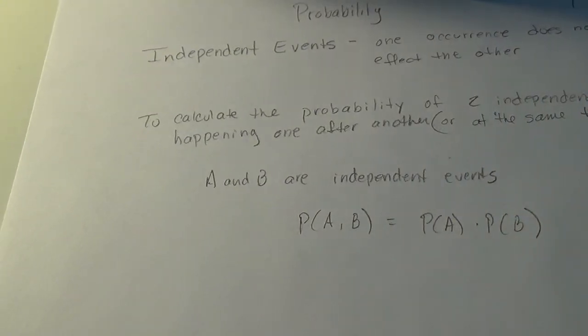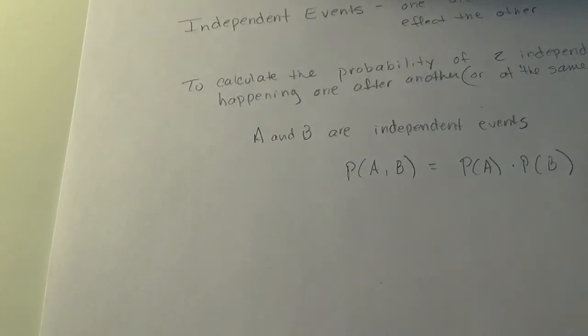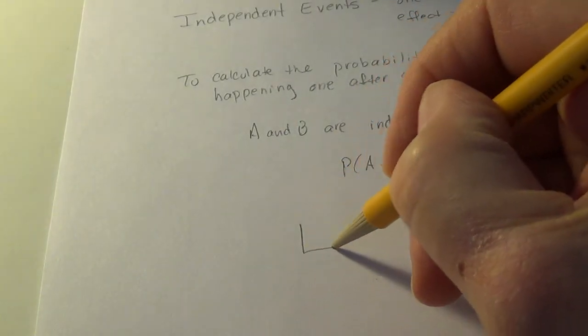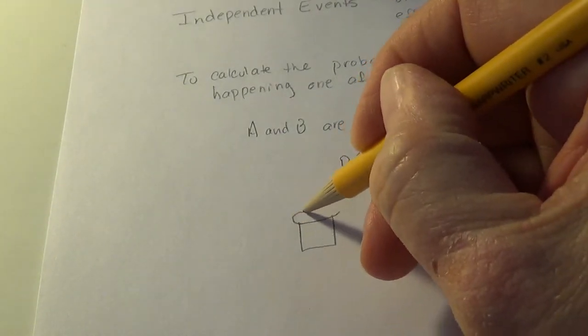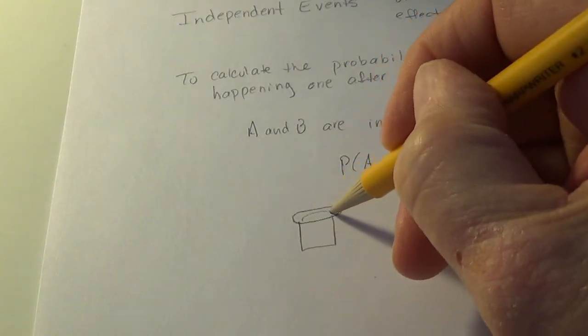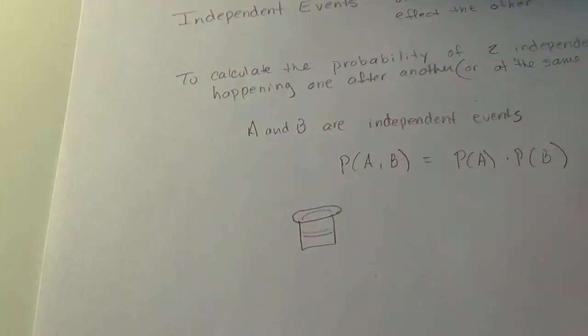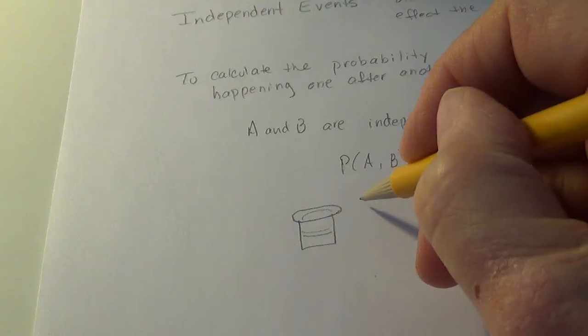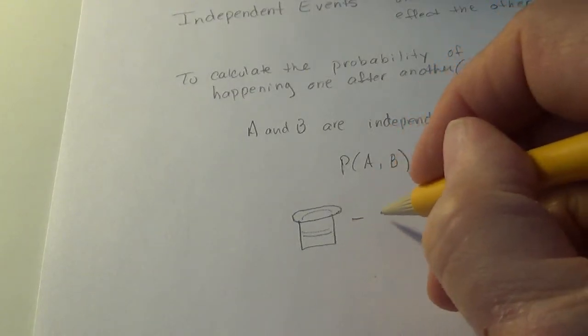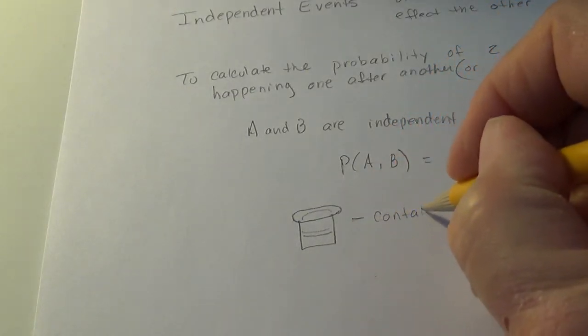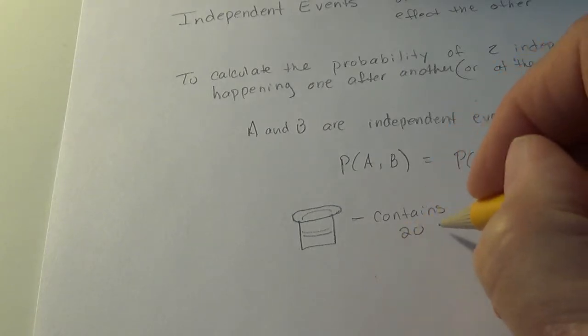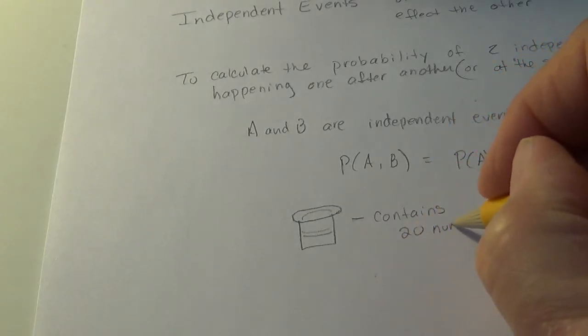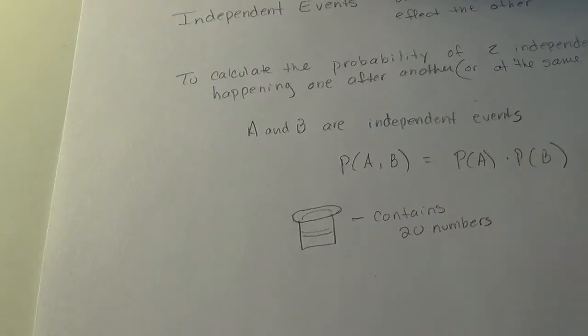So, for example, suppose I have 20 numbers in a hat. The hat contains 20 numbers, 1 to 20, and each number occurs only once in the hat.